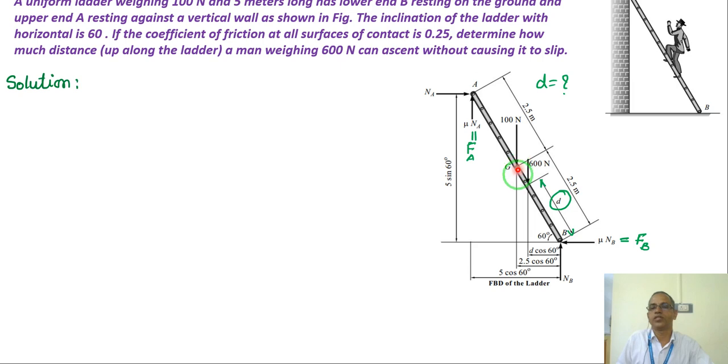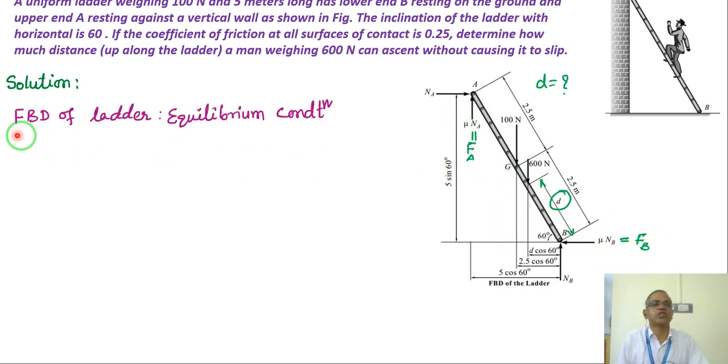And the horizontal distance where the self weight of the ladder is acting is 2.5 cos 60, and the total horizontal distance of the ladder is 5 cos 60 because the total length of the ladder is 5 meter, and the vertical distance is 5 sin 60 because it is away from the angle. Since I have drawn the free body diagram, I know the forces. Simply use again 3 equilibrium equations: summation Fx equals 0, summation Fy equals 0, summation M equals 0, and use the friction equations, which I have already mentioned here.